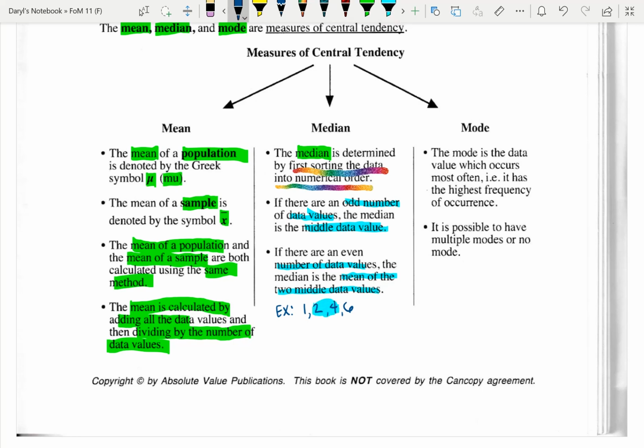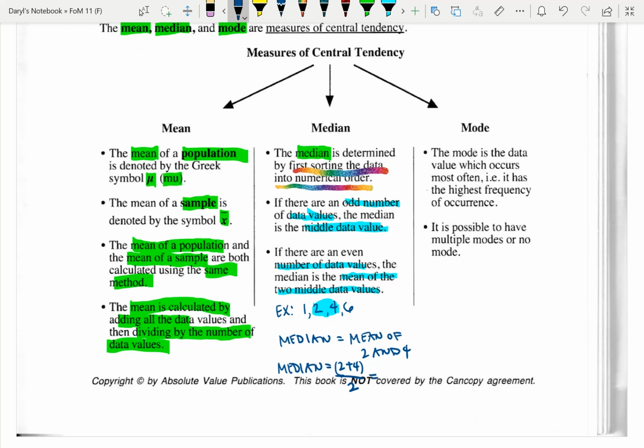So the median is the mean of 2 and 4, which is 2 plus 4 divided by 2.